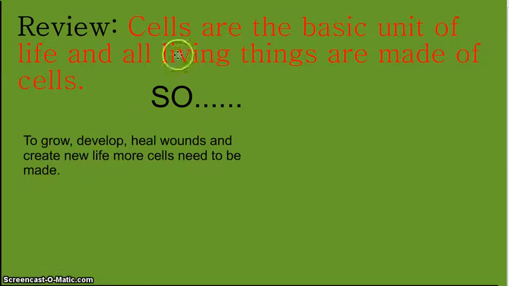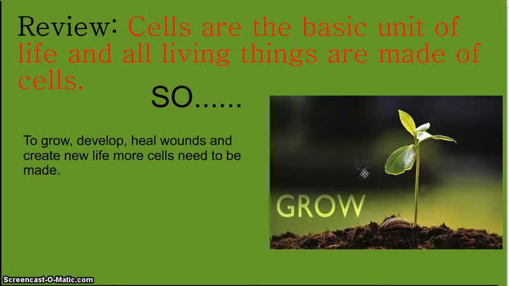If it's the basic unit of life and if all things are made of them, then if any of these things are going to happen, more cells need to be created. Okay, so if we're going to grow, if we're going to exist, life requires more cells. That's a pretty basic idea. Life requires more cells, so we need more cells to grow, develop, and heal.